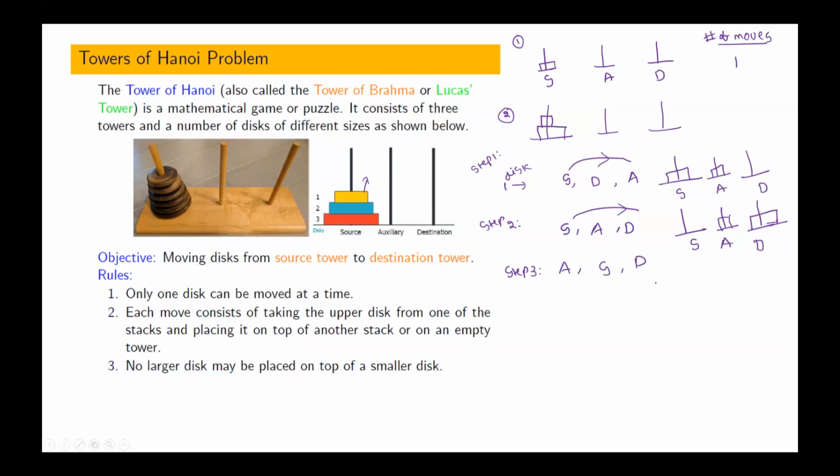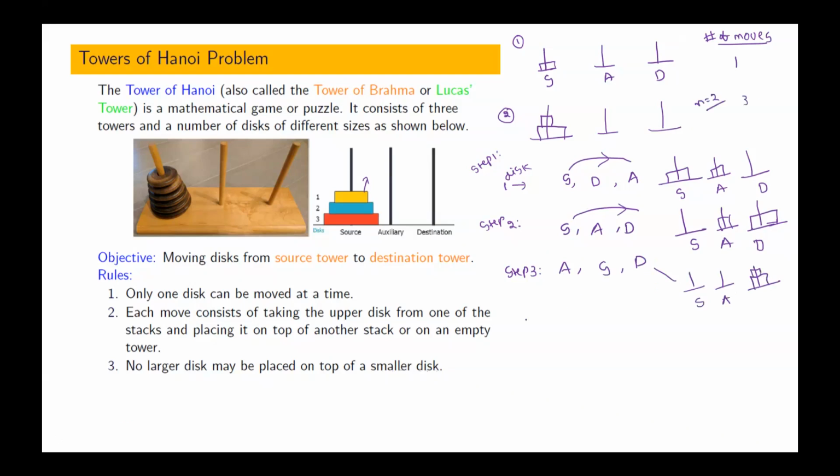After the third step, what is the state? All are moved from source, auxiliary to destination. Is that okay? So for n equal to 2, we have 3 moves.